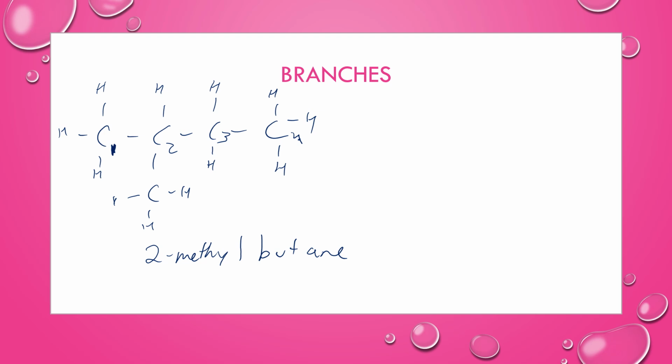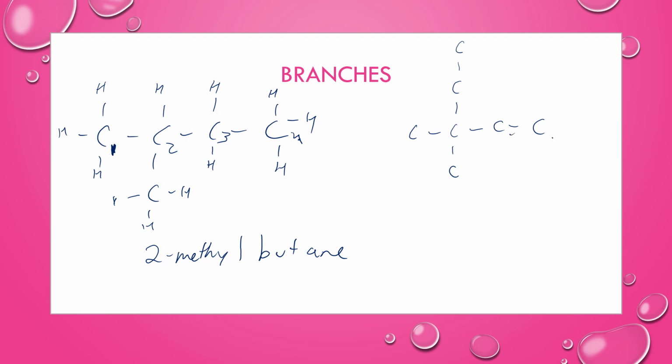Let me do another one. I'm just going to do the carbon skeleton here, like this. Ooh, that's a good one. What if I have this? Well, it almost looks like the main chain is here, but that's not my longest chain.